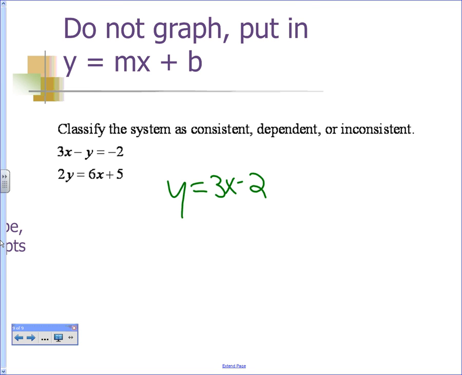Do you agree? No, I don't. Plus 2. All right. Someone go rewrite the second one.